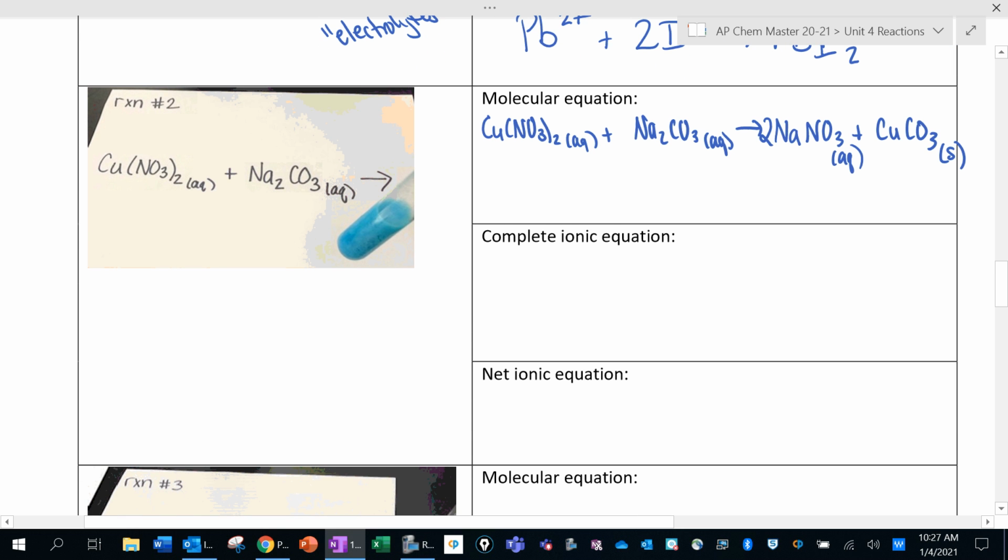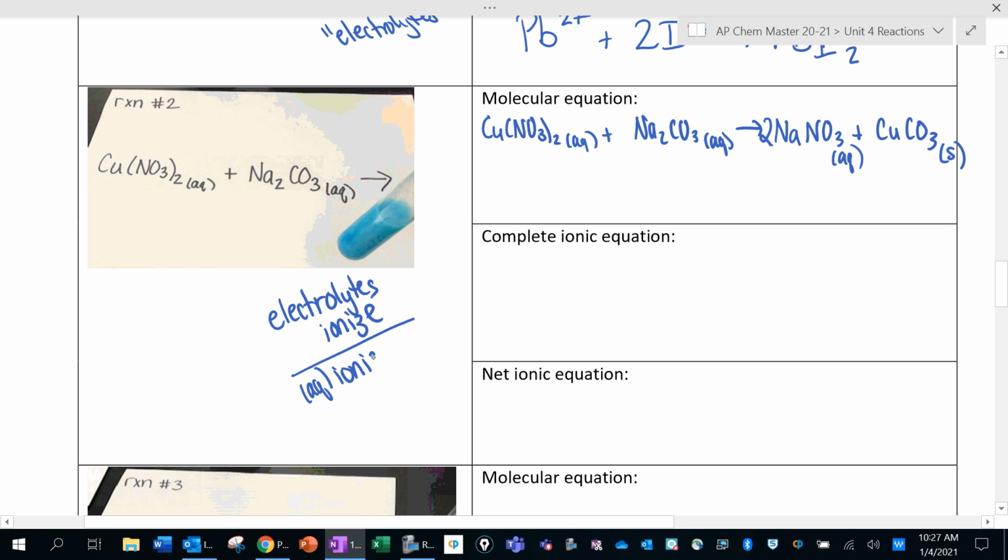So here we are going to more accurately represent these compounds as they exist in solution. And substances which are electrolytes are going to split into ions. And the 2 examples of electrolytes are aqueous ionic compounds.